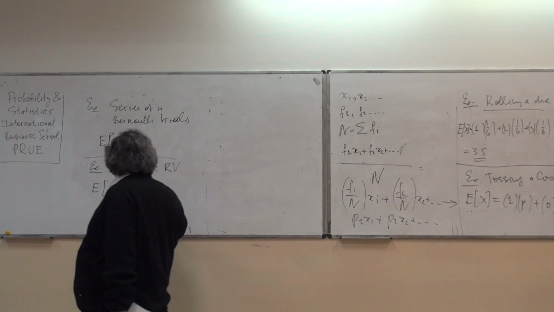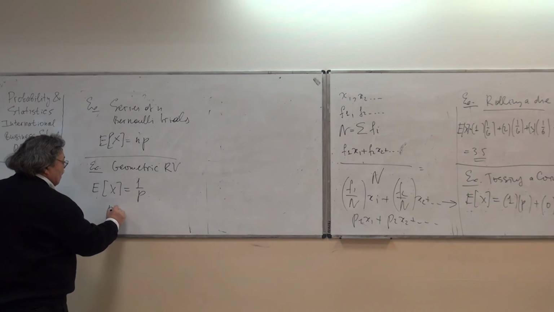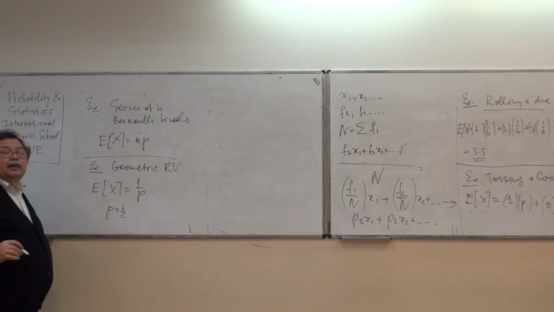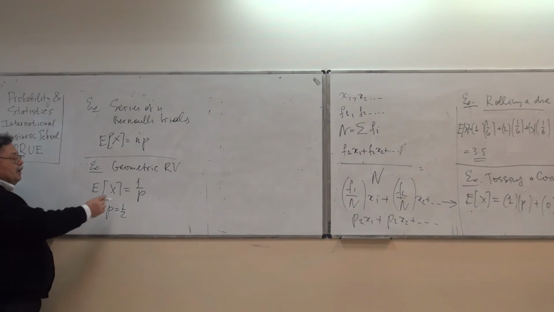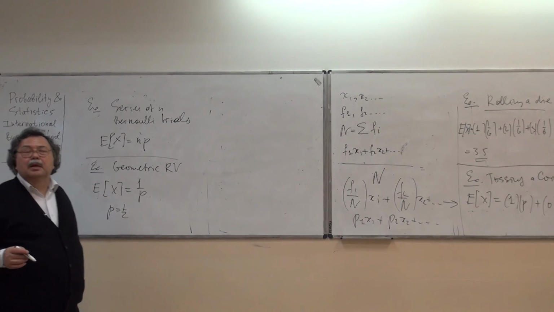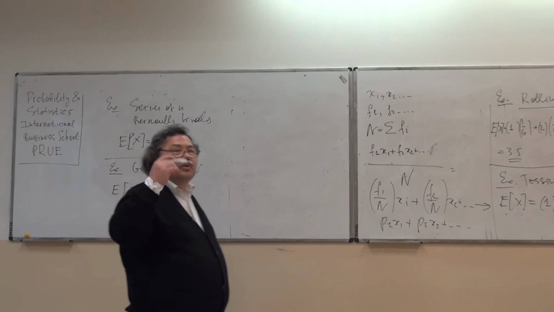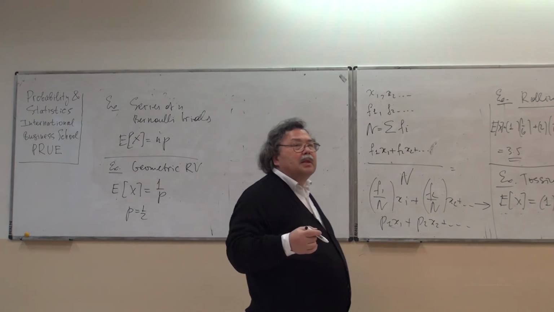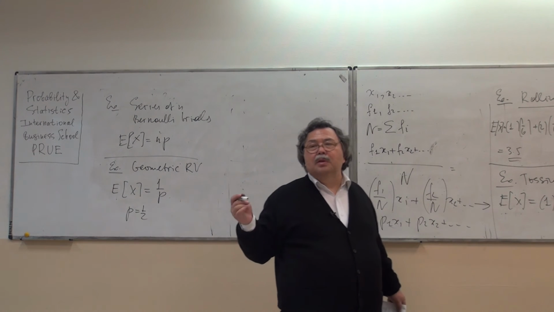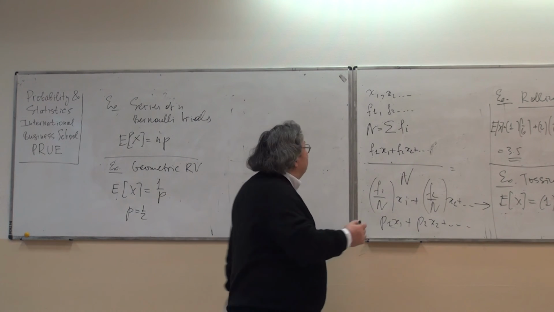All right, if p is 1/2, which means a fair coin, the expected value is 2. So the mean number of trials we need to perform to get the first success for a fair coin is 2, which is again quite intuitive.